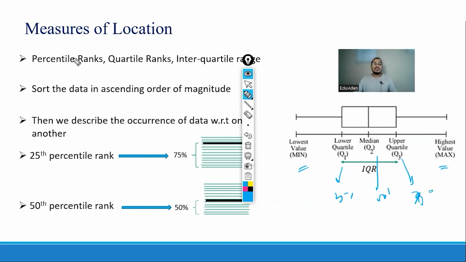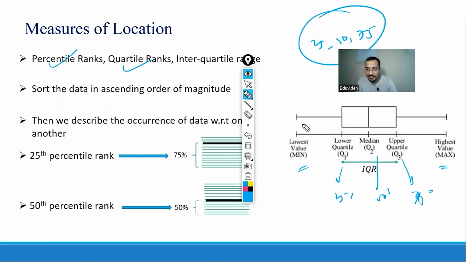Now, what's the difference between percentile and quartile? It's the same thing, just that typically 25, 50, and 75 are called quartiles, whereas a percentile can be anything. It can be the 99 percentile, it can be the 1 percentile. So all quartiles are also percentiles, but all percentiles are not quartiles.